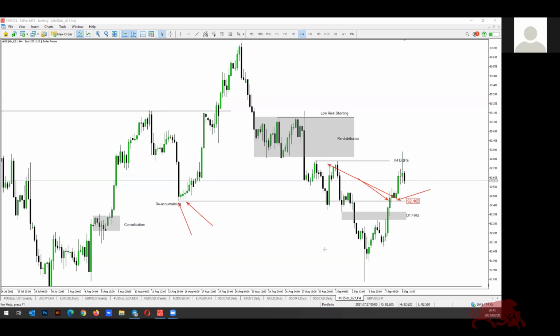So what I'm trying to say here, guys, is whenever you do your analysis, whenever you have your PD arrays marked, your institutional order flow, make sure you follow through, right? And make sure you know how to react when price has traded to your PD array, whether it's a premium or a discount array.